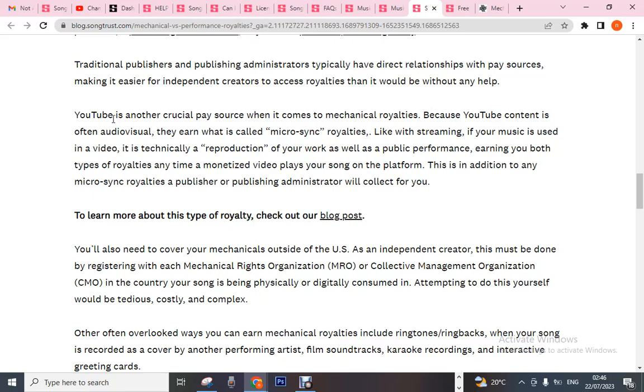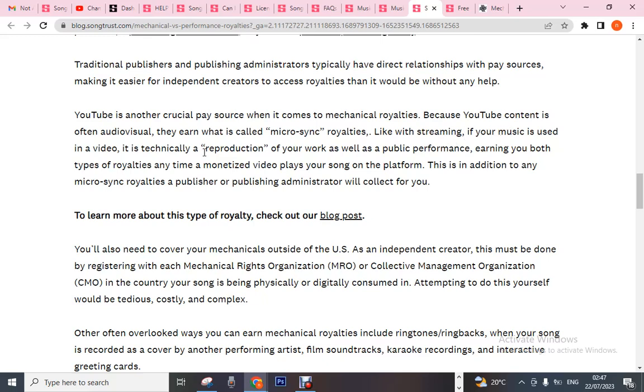So we begin at the start. YouTube is another crucial pay source when it comes to mechanical royalties, because YouTube content is often audiovisual. They earn what are called micro-synchronization royalties, like with streaming.